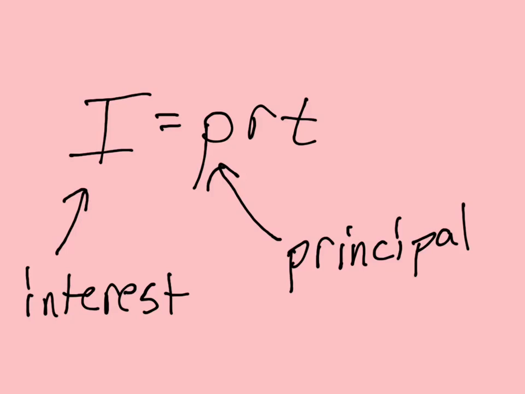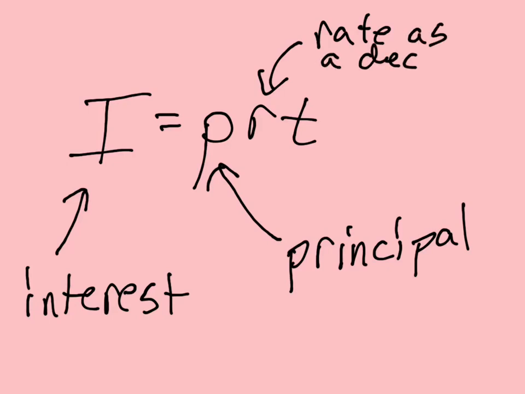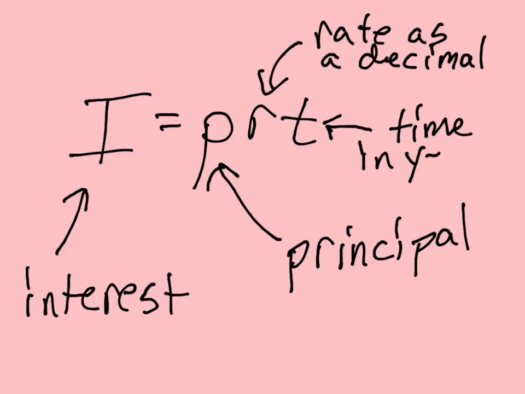That is the starting amount. R is the rate as a decimal. And T is time in years. So I is interest. That's the amount of money you make. Principal, rate, and time. So let's take a look at how to solve this.